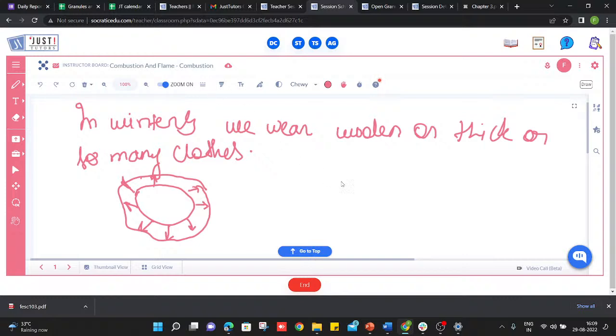So in summers the clothes that we wear are thin or of a material which doesn't trap the heat on the surface of our body or skin.